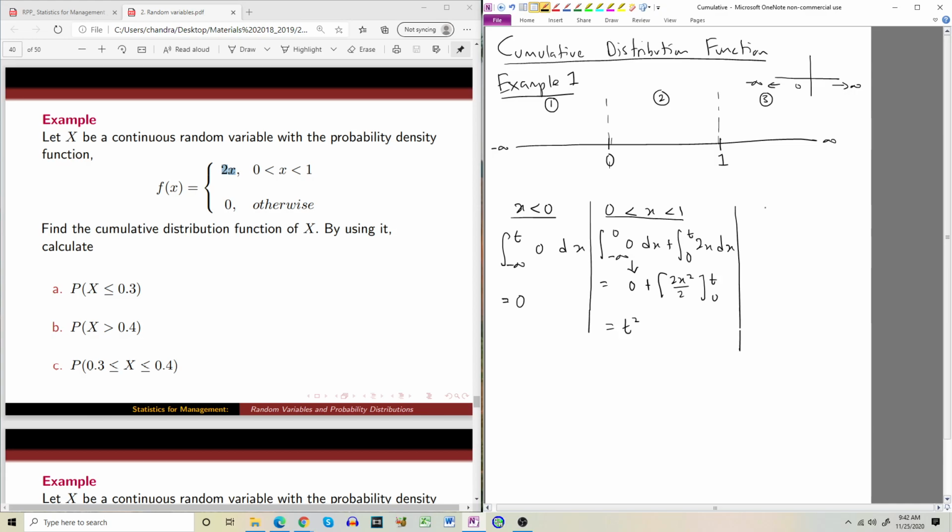Now, can you guess which interval now? X greater than 1, because it's going this side. So I'm going to integrate from here to here, and I stop somewhere here. Now, how many intervals do I have? First interval, what is the function? 0.